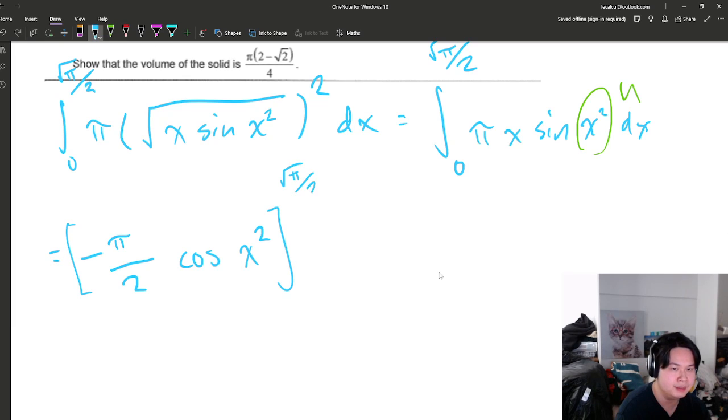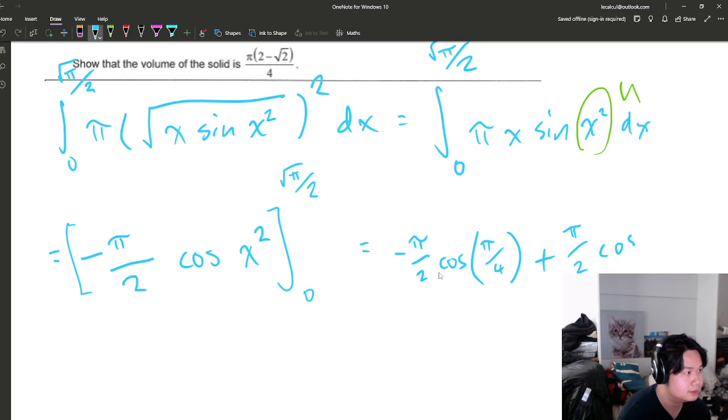Okay, plug in your limits. And then we're going to square them inside the cosine, so this becomes pi over 4. And then we're going to subtract, so it becomes a plus. And this is just cosine 0, right?